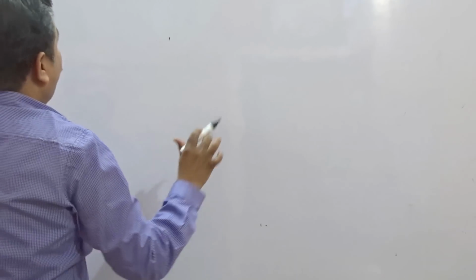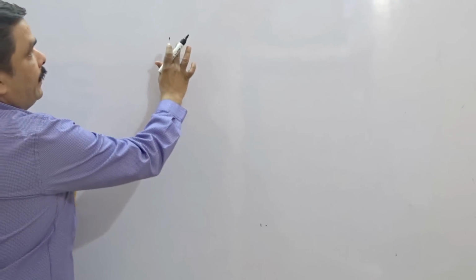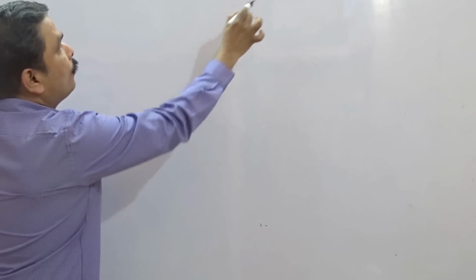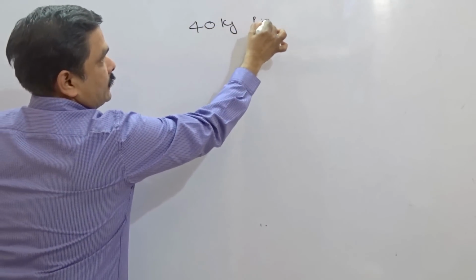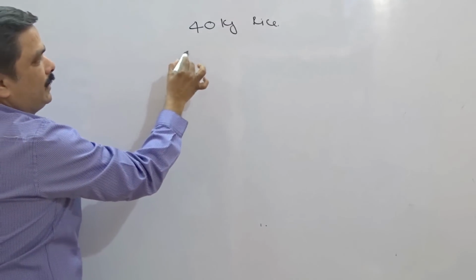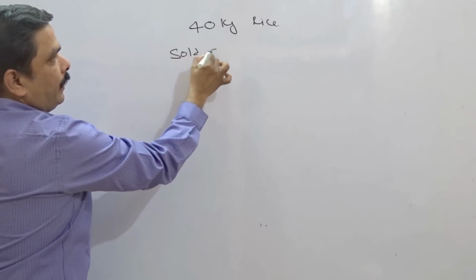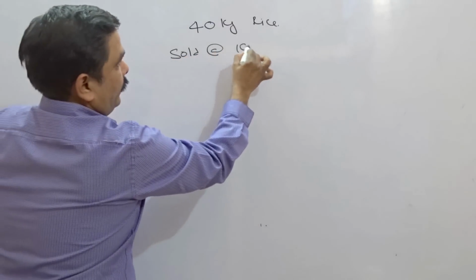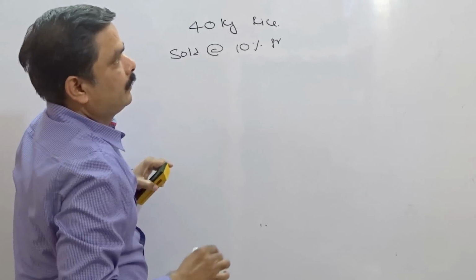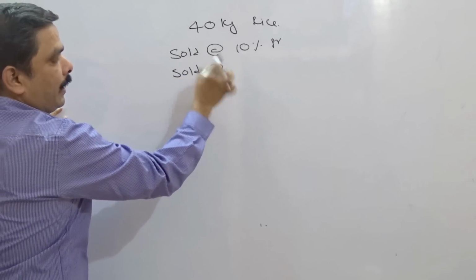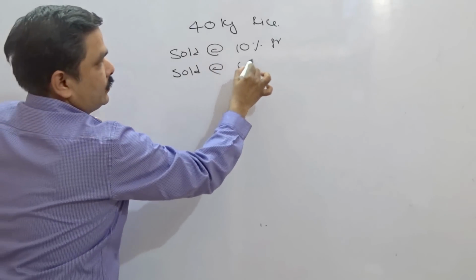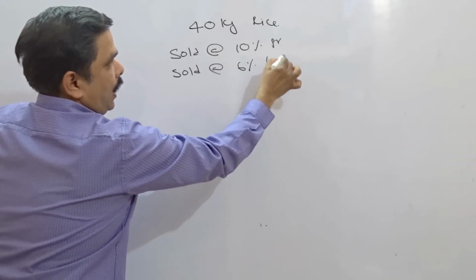Now a trader has, for example, 40 kgs of rice. Yes, 40 kgs of rice. Part of which he sold at, let us take 10% profit. And the rest he sold at, let us take 6% loss.